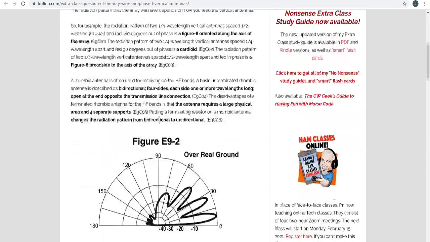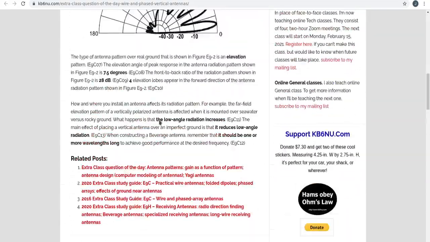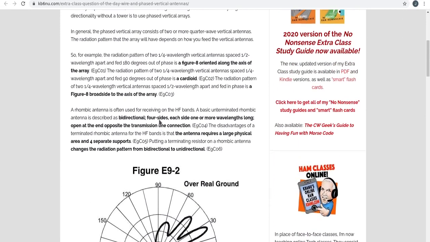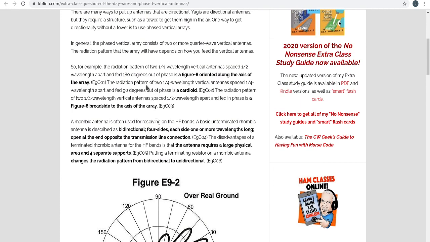Let's see what they say. Okay, so for example, the radiation pattern of two quarter wavelength vertical antennas spaced half wavelength apart and fed 180 degrees out of phase is a figure 8 oriented along the axis of the array.